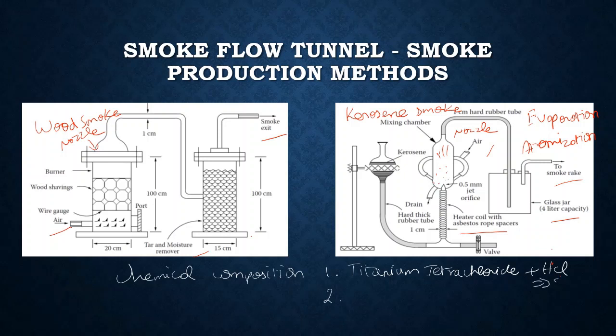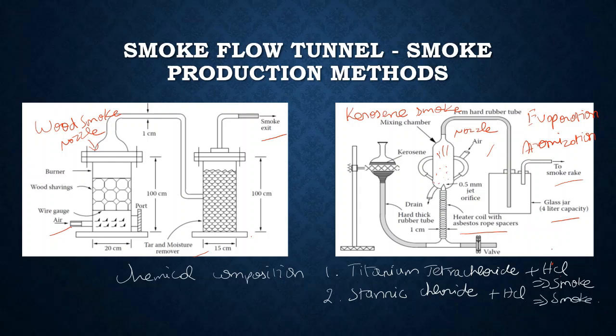The output is smoke. So this is one direct chemical composition method. After titanium tetrachloride, you can also use stannic chloride. When combined with hydrochloric acid, it forms smoke.